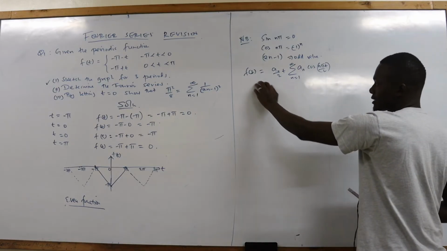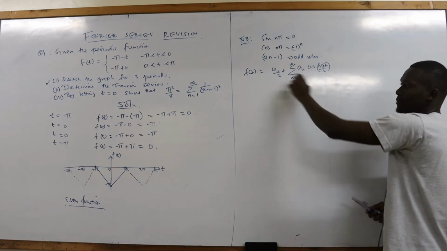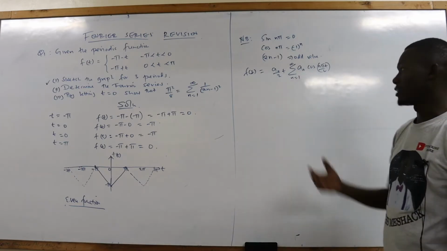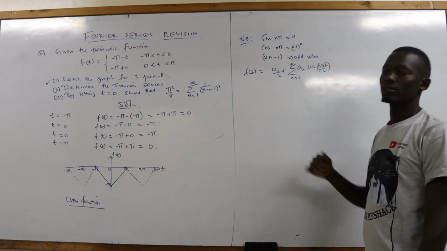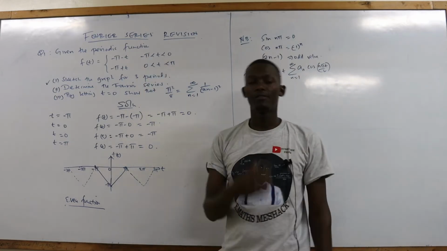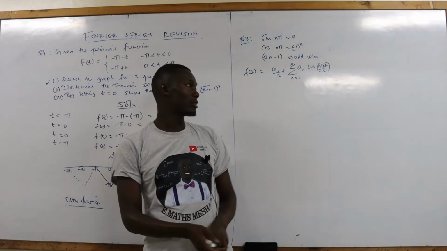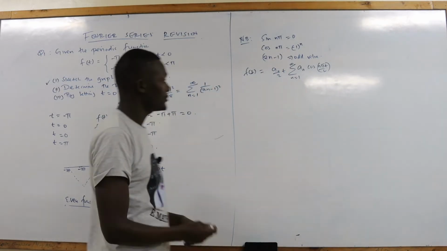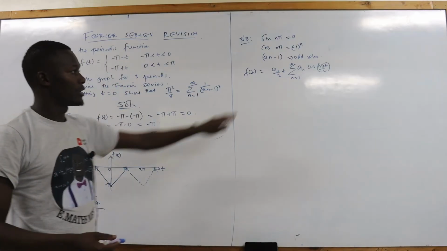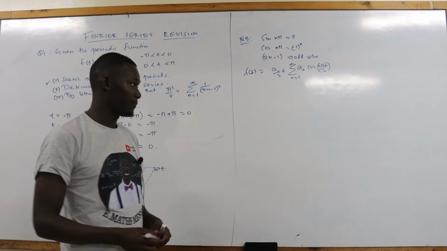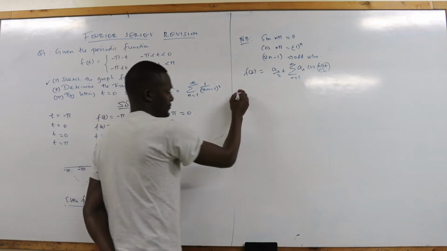So my Fourier series here will be given by this, because I'm only interested in A0 and AN. Now remember, this formula can be used either when you are using limits in terms of pi or even numbers. Are we together? This one is a general representation. Now, we need to get two things. We need to get A0 and we need to get AN. How do you get A0?